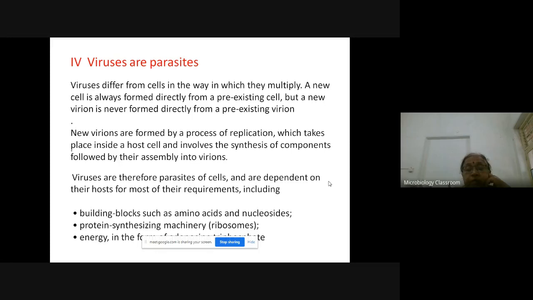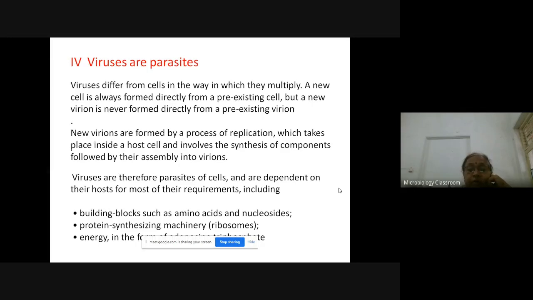As I told you, viruses do not have any activity of their own for their survival. The reproduction of the viruses is satisfied inside the living cells. And for the reproduction purposes, for increasing their numbers, viruses inside the cells are dependent on the host.